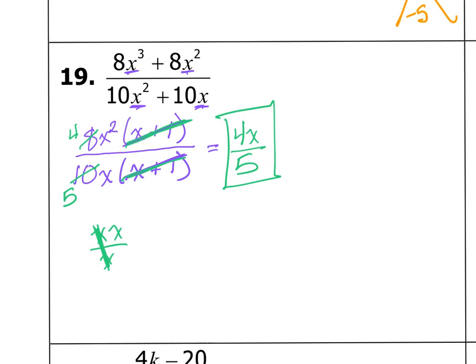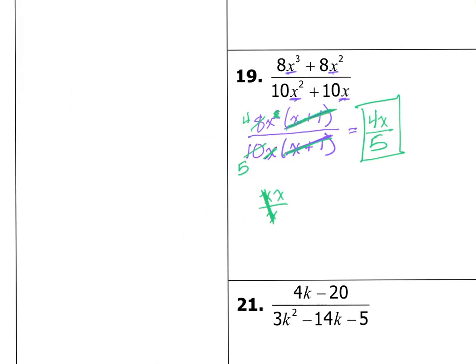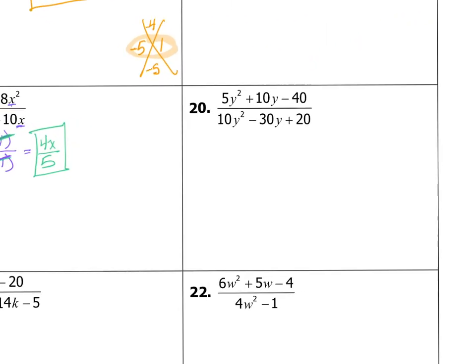All right, I hope that was okay with you guys, or I could cross this x off, and one of these would go away. So I would have 1x left on the top up there.